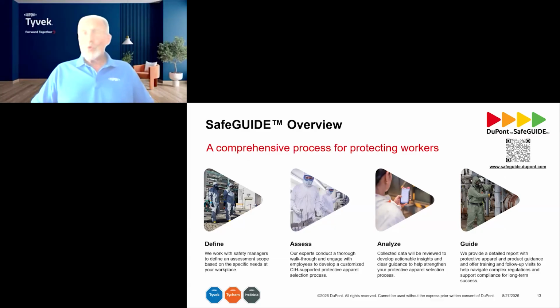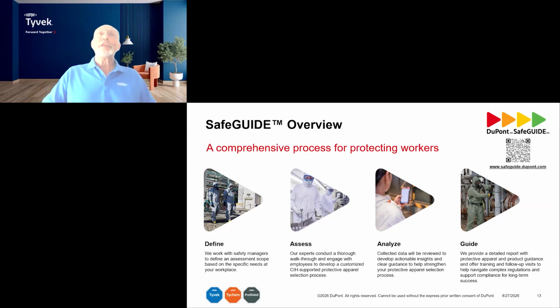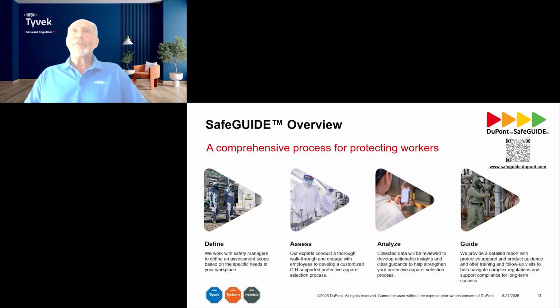All right, so now we'll talk about SafeGUIDE. SafeGUIDE is a no-fee, value-added service providing on-site field assessments supported by our CIH team. In some cases, a responsible regional sales manager will visit a site to make observations and collect information for subsequent review by a certified industrial hygienist team member.